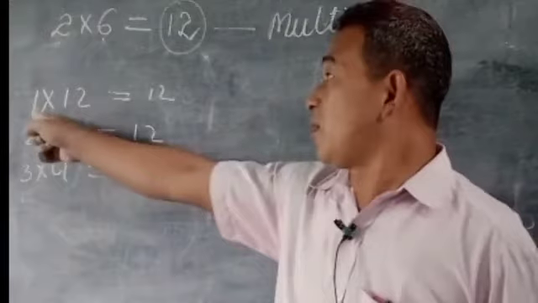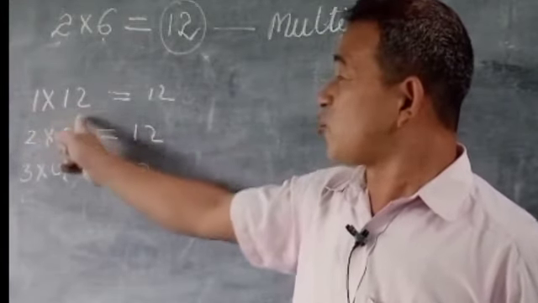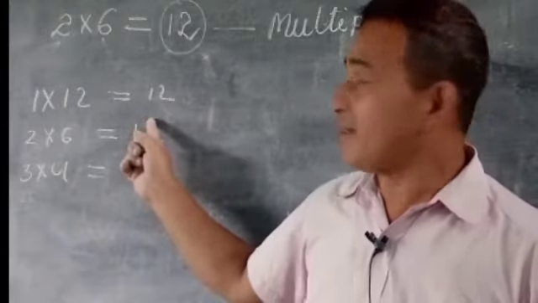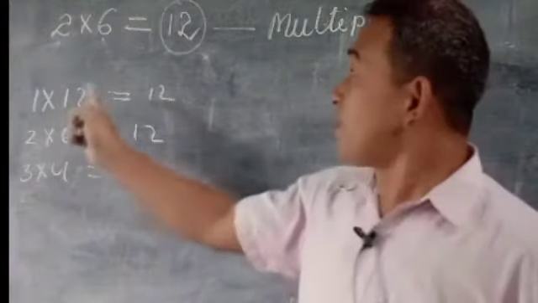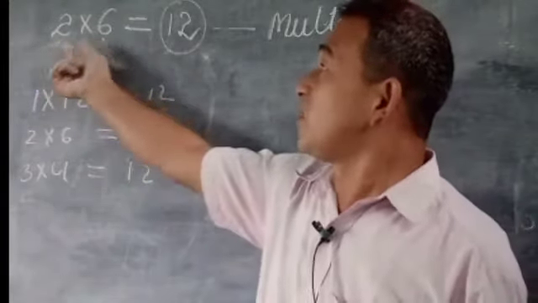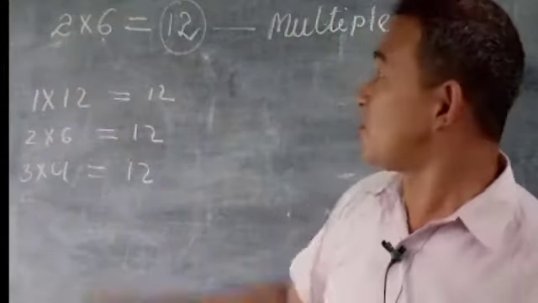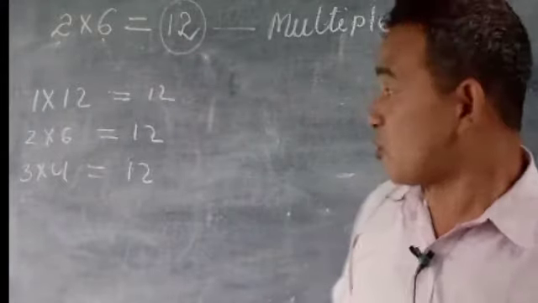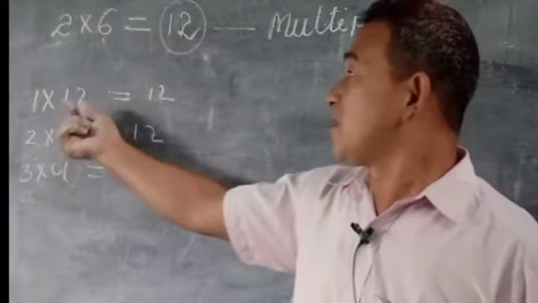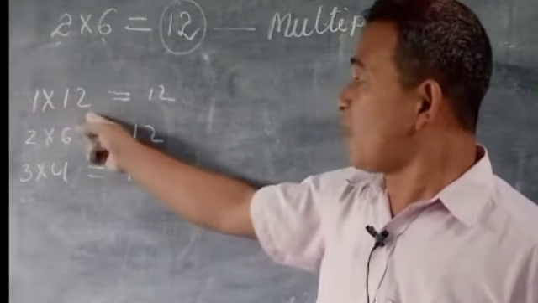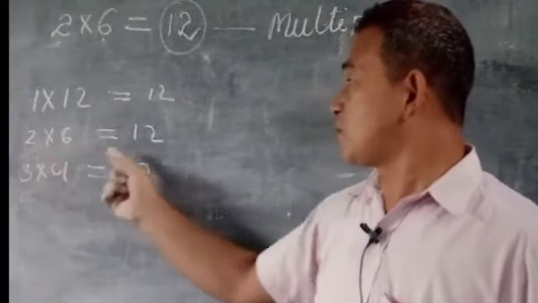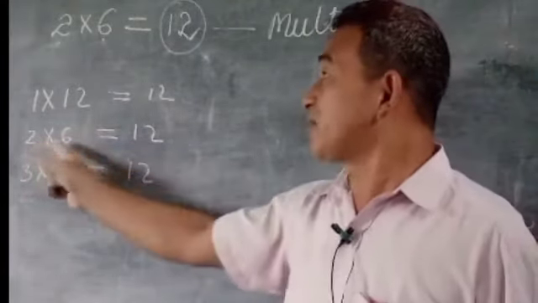For example, 1 into 12 is 12, isn't it? That means you shouldn't think that 2 and 6 are the only factors of 12. There are so many factors. If you multiply 2 and 6, you will get 12.